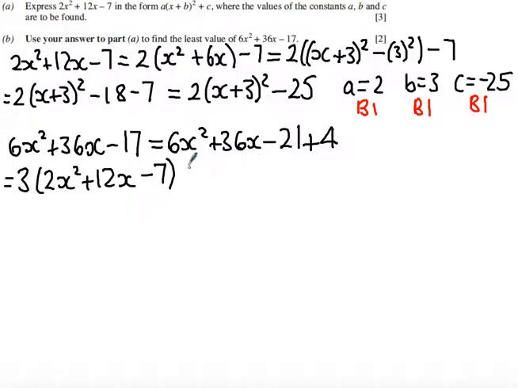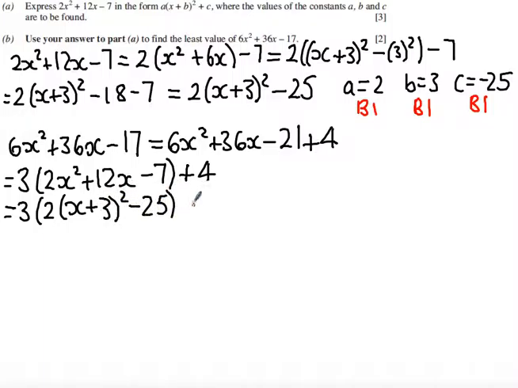And have that plus 4 on the end outside. And so what I also know then in that case is this is the same as having 3 times 2(x plus 3) squared minus 25, plus 4. Now it says find the least value for this expression. Well, the least value for my original expression was minus 25.